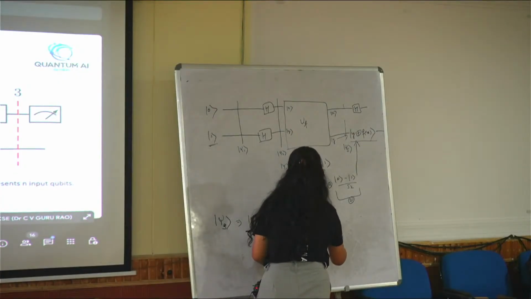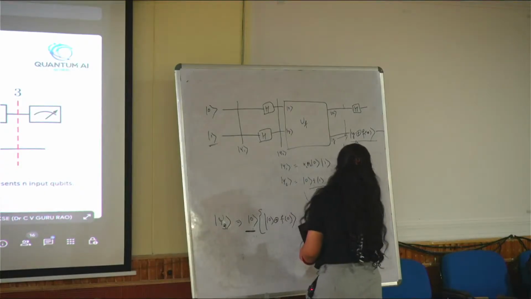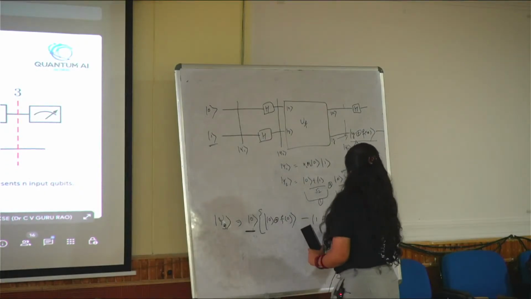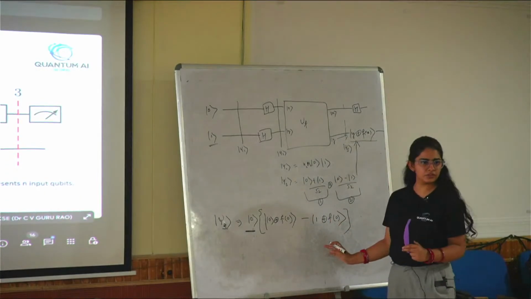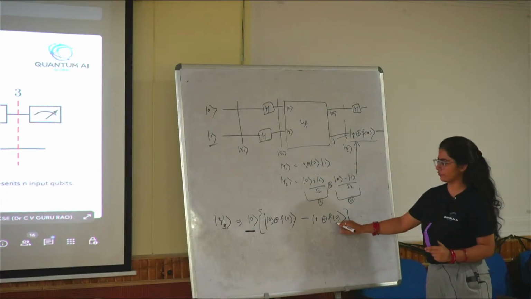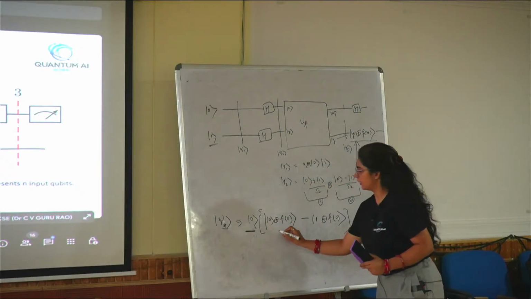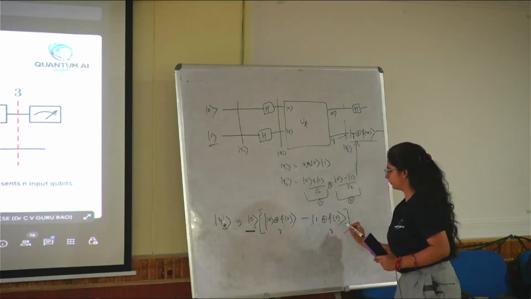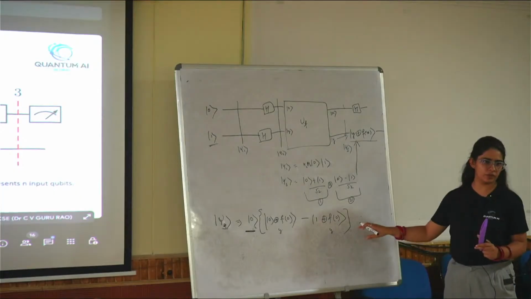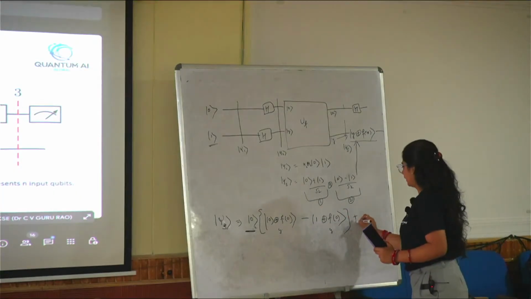This is understood? This is y, this is f of x, and x is out here. 0 minus 1 XOR f of x. Okay, understood? This is very basic.